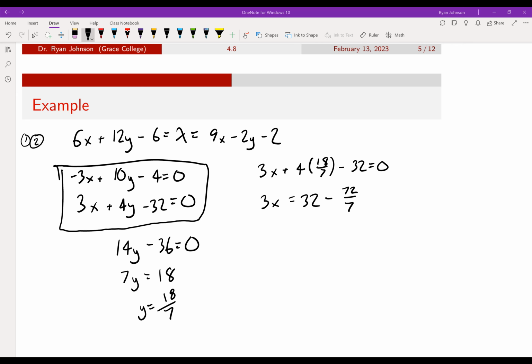And so x is about 7.23, which as a fraction is 152 over 21, which is approximately 7.238.